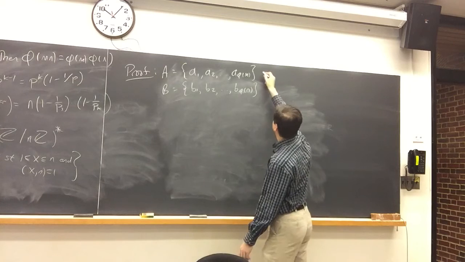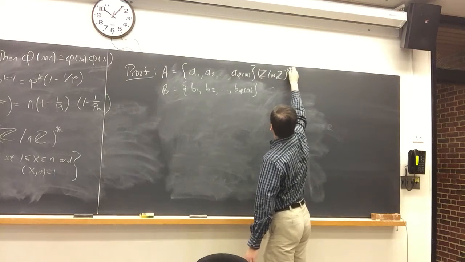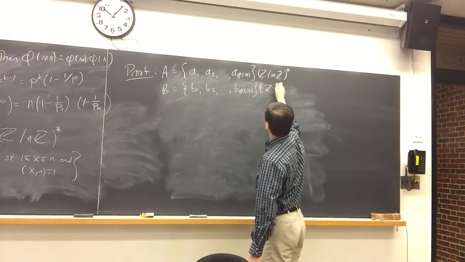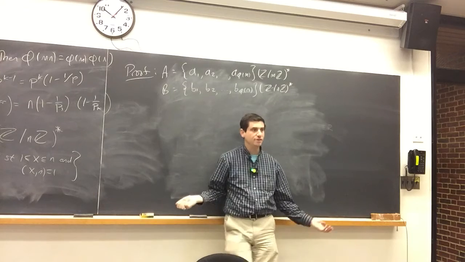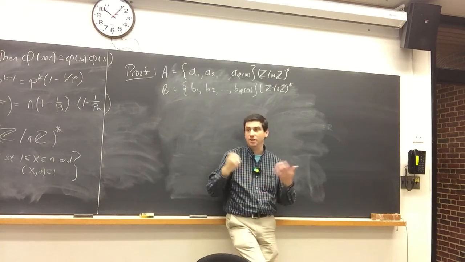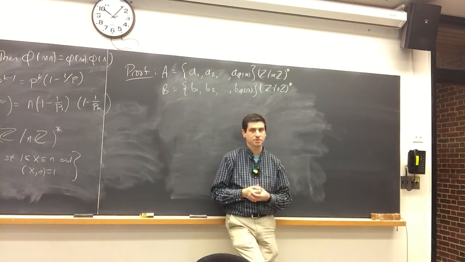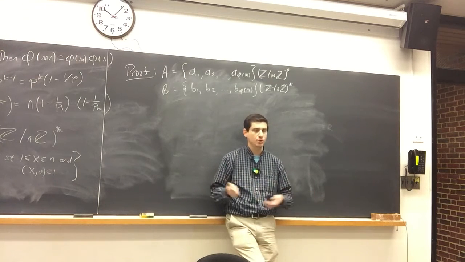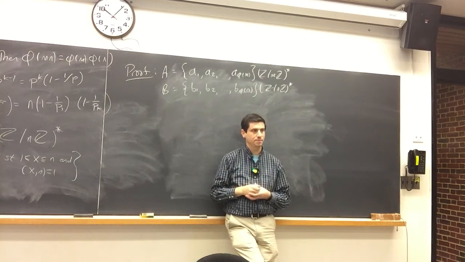Yeah, this is probably the elements of (Z mod mZ)^star. And this would probably be (Z mod nZ)^star. When you think of what's a natural set of phi(m) numbers, what's a natural set of phi(n) numbers, these are the natural sets. And I'll choose them so that they're between 1 and m minus 1, and 1 and n minus 1.